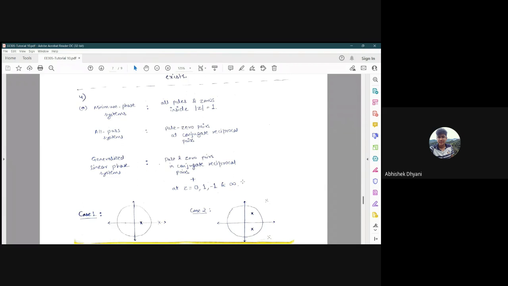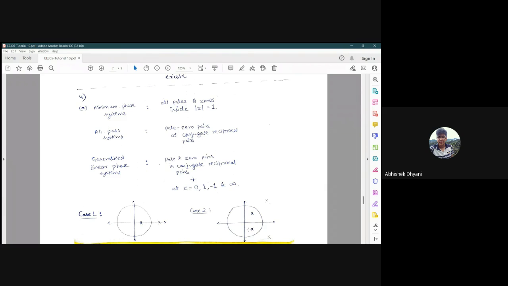So basically, there can be two cases of how the minimum phase system is. One possibility could be that within the unit circle, we have a real pole. And the other possibility could be that we have a complex conjugate pair of poles.